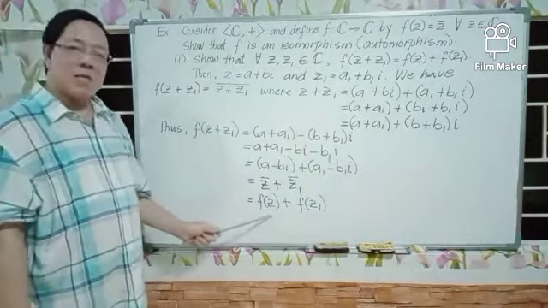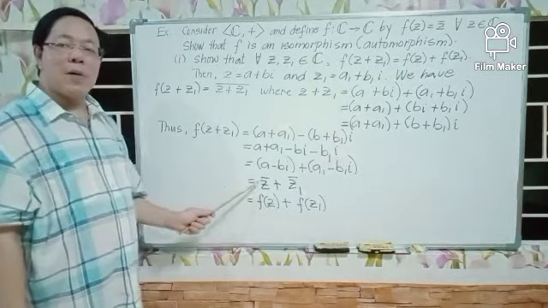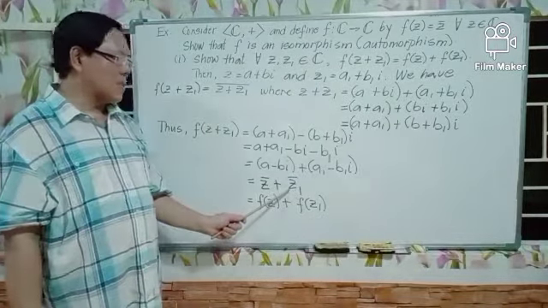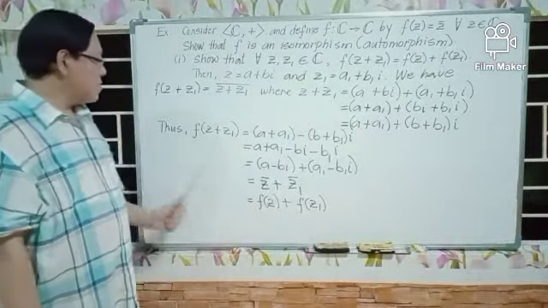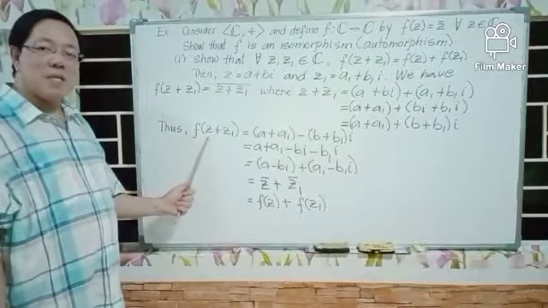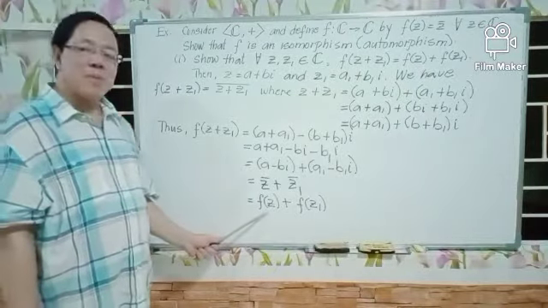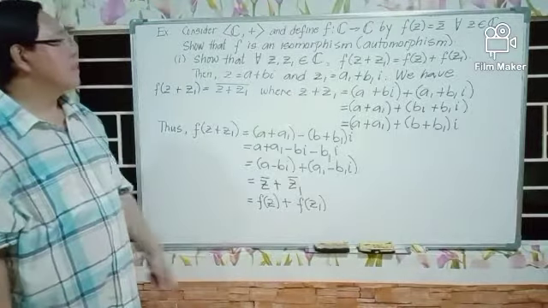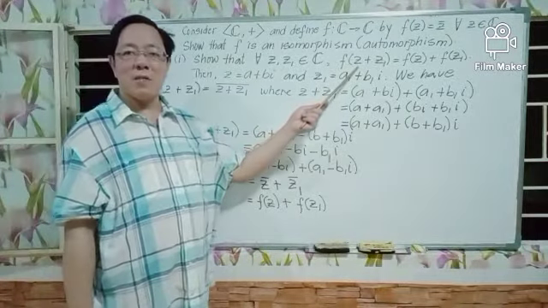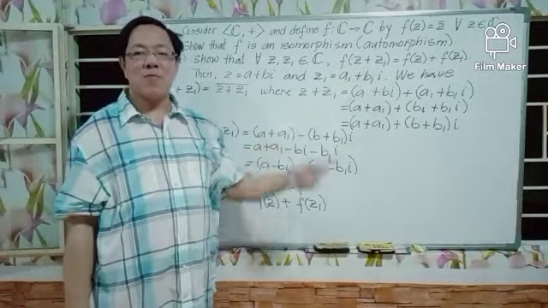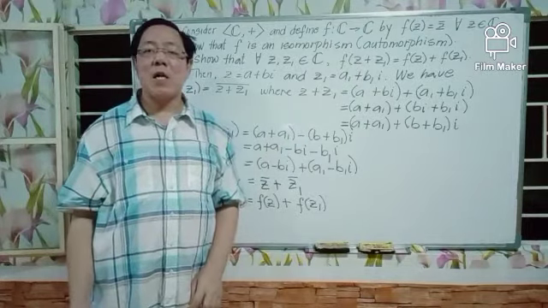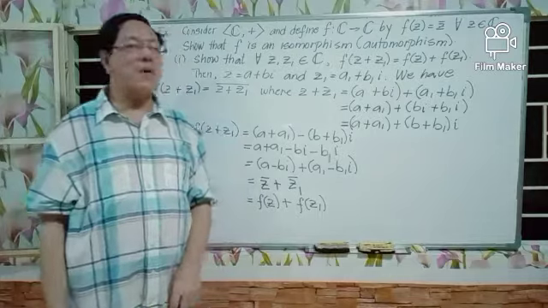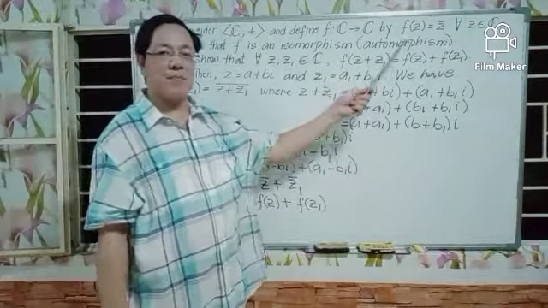That is, f of c is equal to z bar. f of c sub 1 is equal to z sub 1 bar. Thus, we have shown that f of c plus c1 is equal to f of c plus f of c1, which is this equation that we want to show. Therefore, the first condition, the property stated in the definition of homomorphism, is satisfied by the function f.